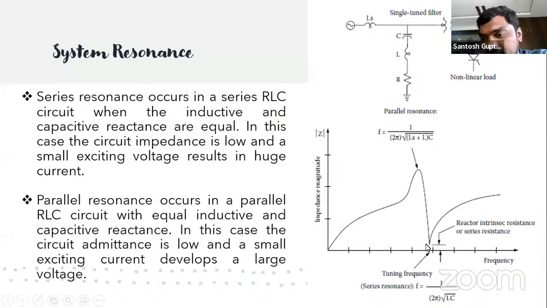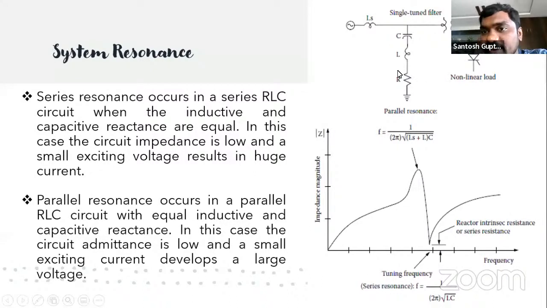If you see this particular point, this is your system impedance, and at this point, the series resonance condition, where your series reactance and series capacitance are equal, the system impedance will be very low. In this condition, even a very small exciting voltage will lead to very high currents.